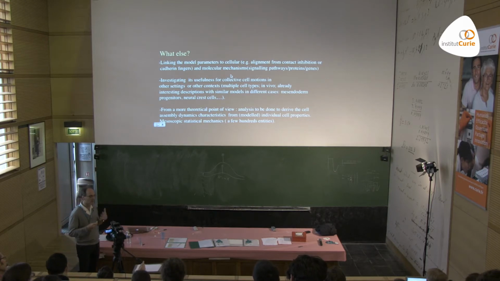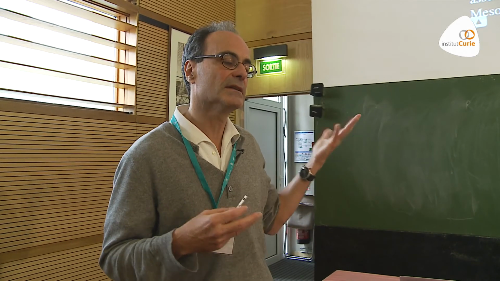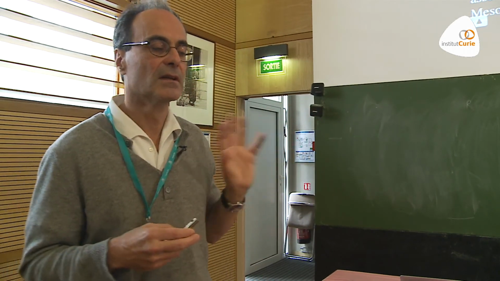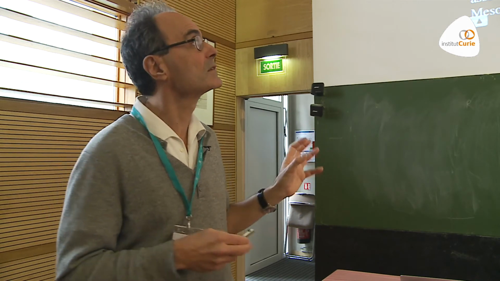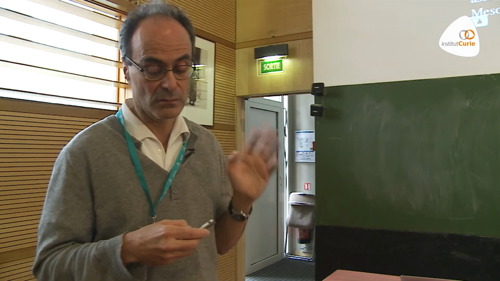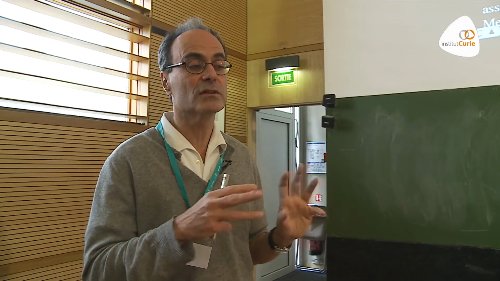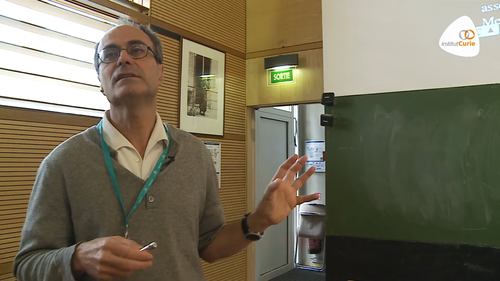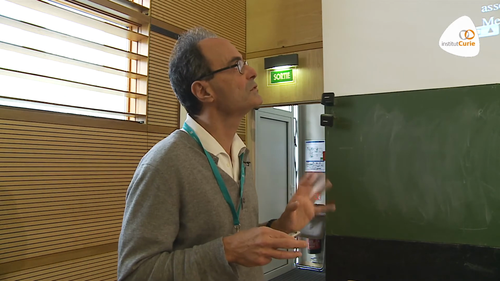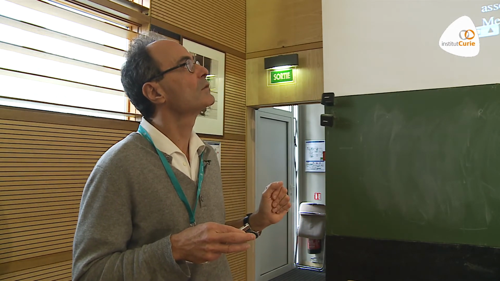At the moment, people have done that more in a qualitative way, but this kind of simple model, I think, is a way to do that more quantitatively. You can ask, in principle, when you knock out something, which parameter does it affect, quantitatively. So this would be a way to do this module a bit more quantitatively.